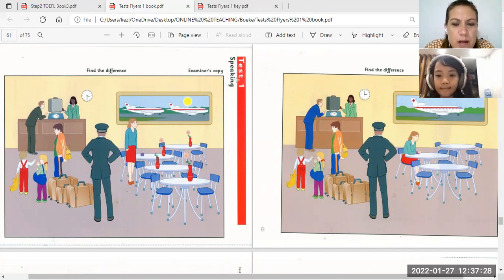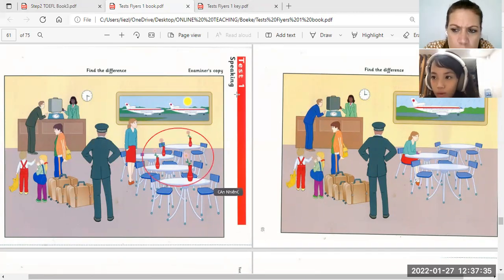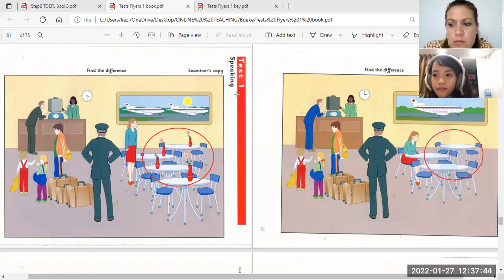Say again, sweetie, I was writing, just say again. In picture 1, have many flower, but in picture 2, not have flower. Okay, in picture 1, let me type it for you.